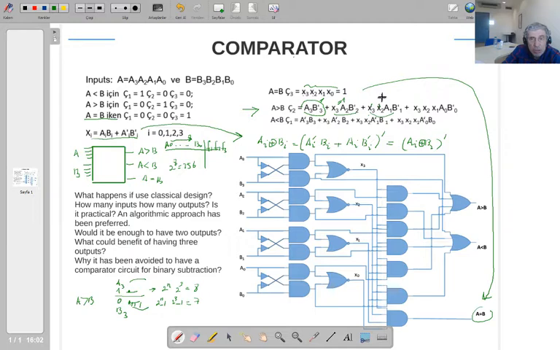That is the third case. And this is the fourth case. That means the first three bits are the same, the last bit for A0 is 1, B0 is 0. That's going to be 1, and that means A bigger than B. So there are four alternatives. When you add them up, you're going to get the function.